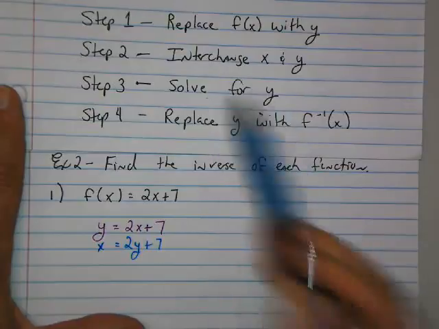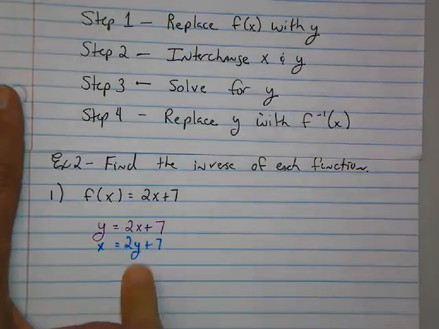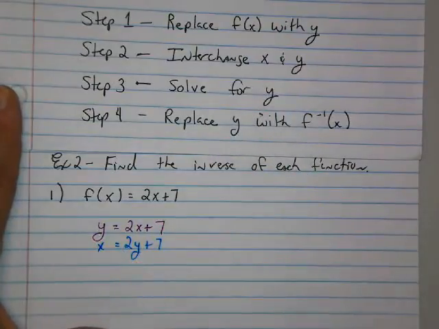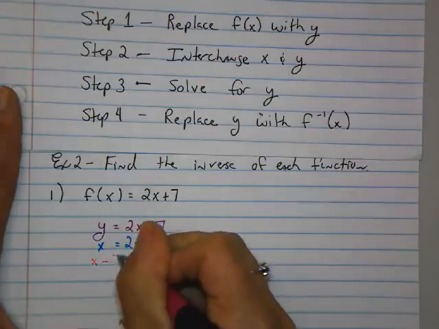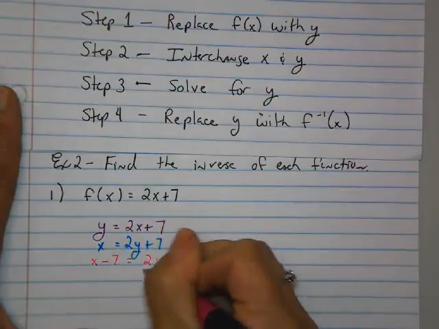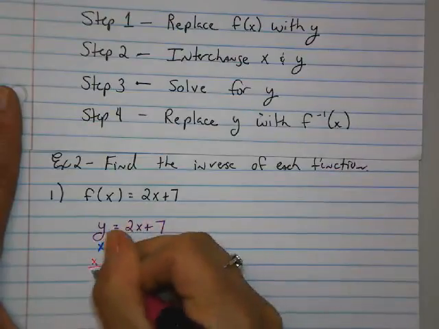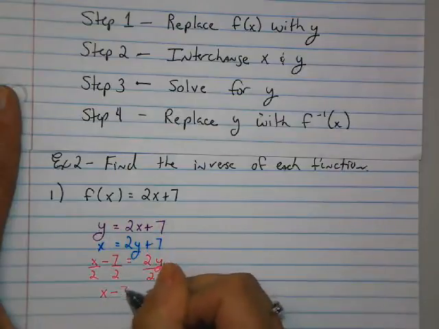Now, step 3 is where all the work is. Solve for y. Okay, so you want to get y all by himself. If you guys want to flip your equation, you certainly can. Alrighty, so I need to move that 7 over. So I get x minus 7 equals 2y, and then I divide everything by 2. And I get x minus 7 over 2 is equal to y.